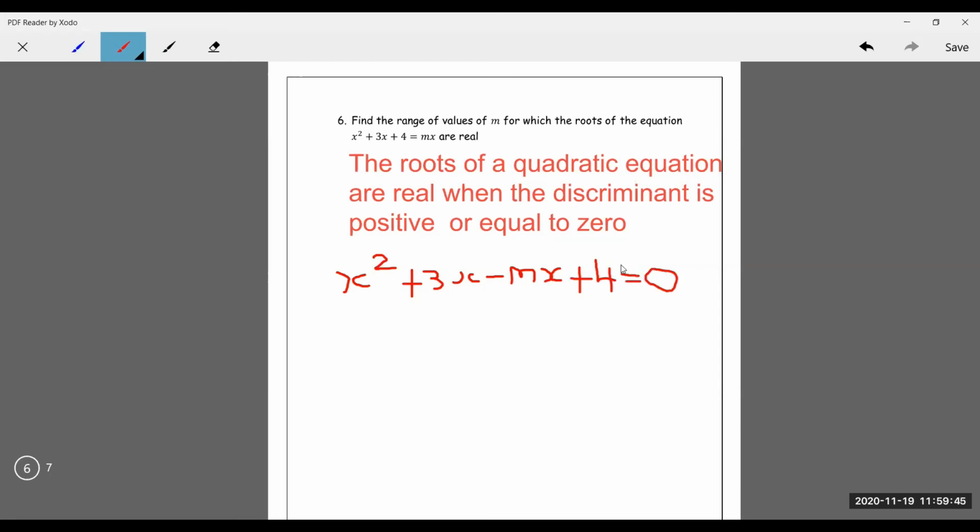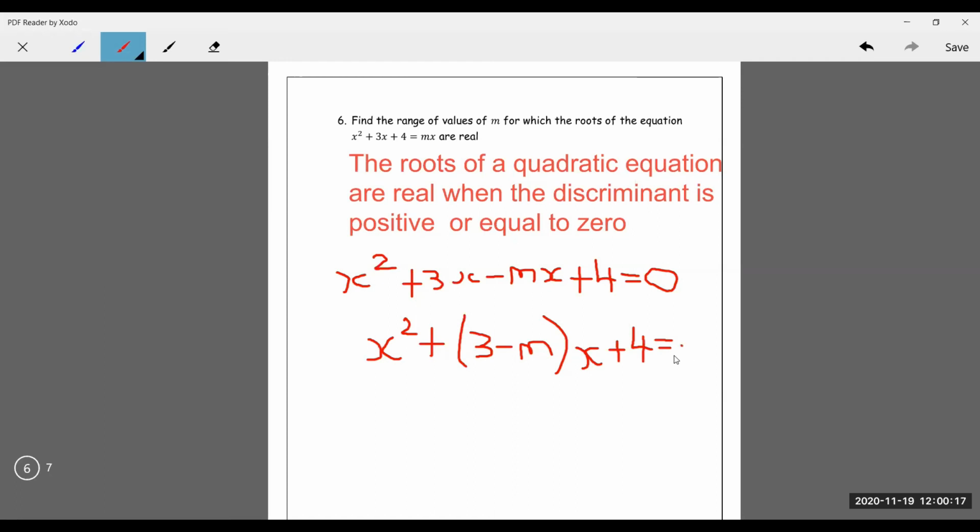Now, when you get to this stage, you need the coefficient of x. So we're going to have to factorize. We have to factor out x here, so we get x squared plus (3 minus m) times x plus 4, and that is equal to 0.